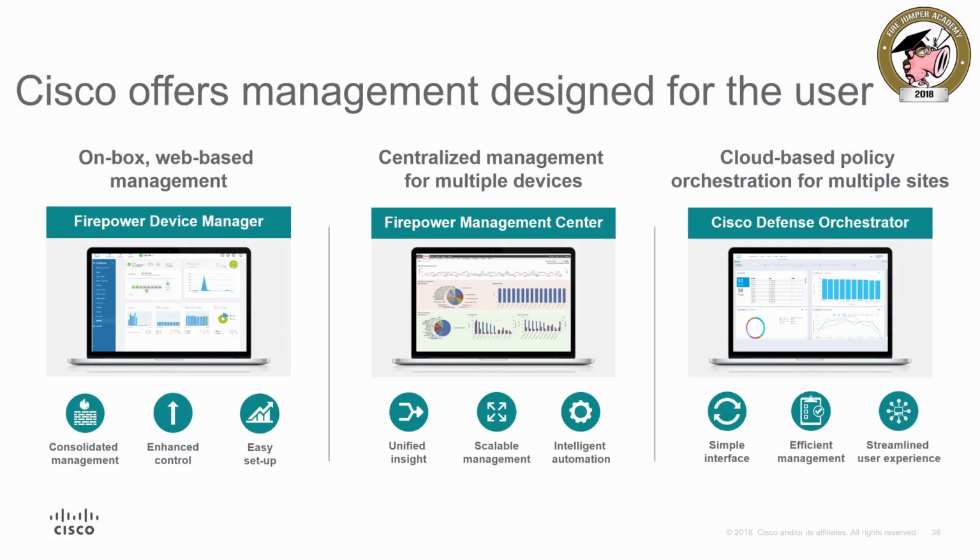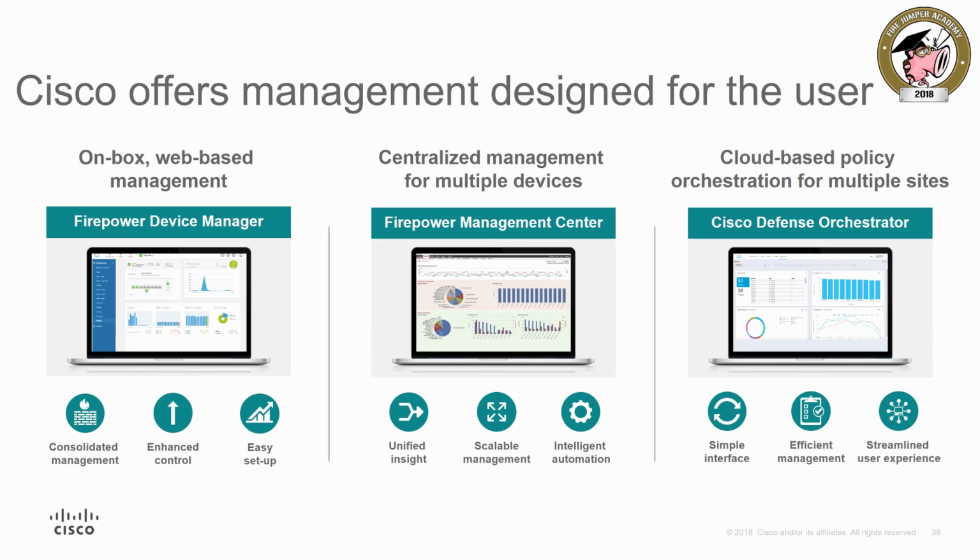The Firepower Device Manager enables easy on-box web-based management of common security and policy tasks. The Firepower Management Center provides comprehensive security administration and automation of multiple devices. The Cisco Defense Orchestrator enables centralized cloud-based policy orchestration for multiple sites. On the Firepower 2100 series, no separate chassis manager is necessary. We'll take a closer look at each of these platforms, starting with the Firepower Device Manager.